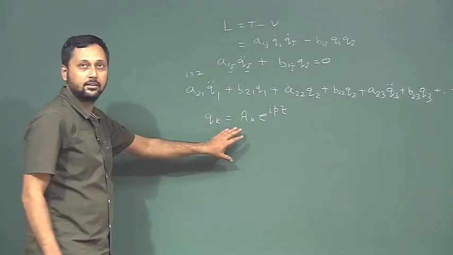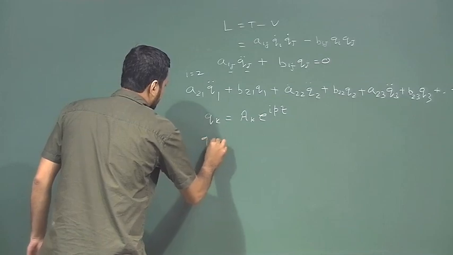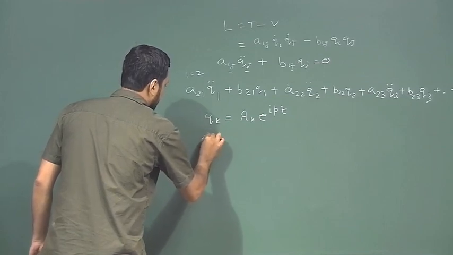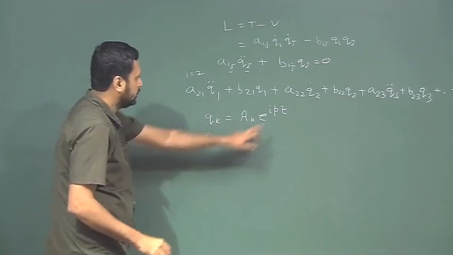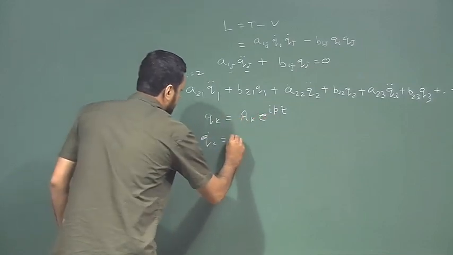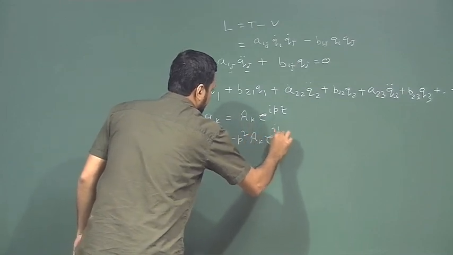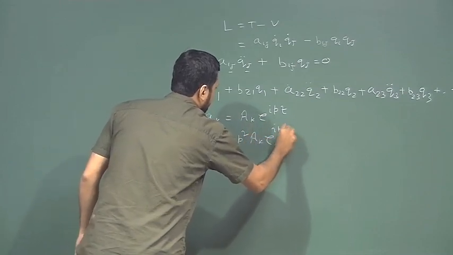If this is my trial solution, we can compute q̈_k, which will be equal to, so i p will come once and twice, minus p square A_k e to the power i p t.